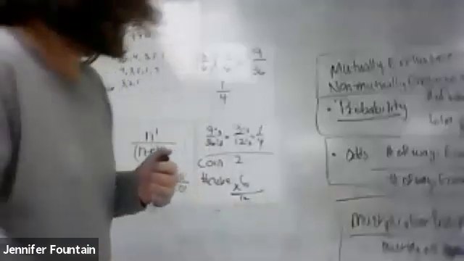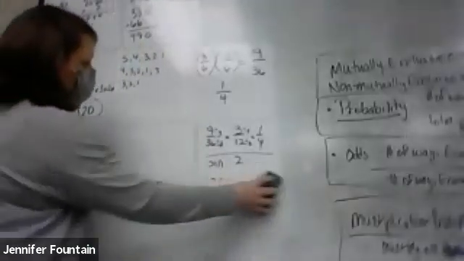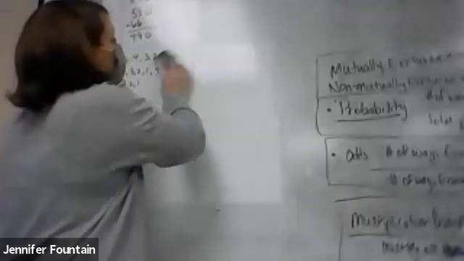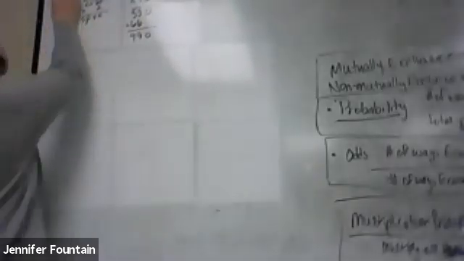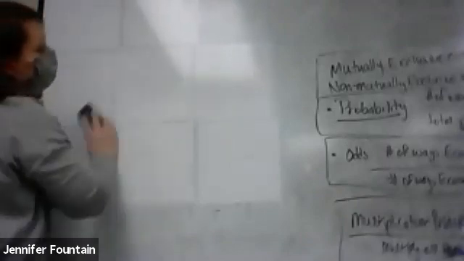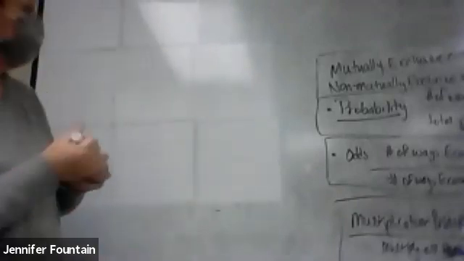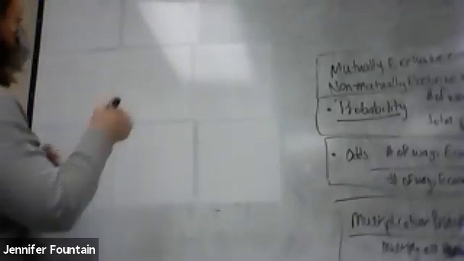Combination. So we're using our combination formula. So what is our total number of cookies? 8. I've got 8 total. How many is he choosing? 2. So what is my value of n and my value of k?